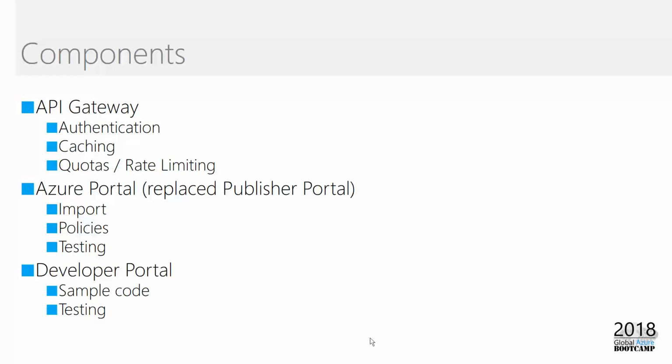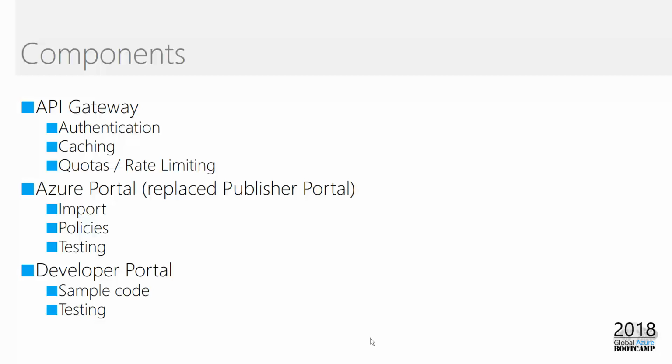The caching, so like you can say that when this particular API is called, if it's called with the same parameters, I want to cache that request for 2 minutes, 5 minutes, 10 minutes. Really good if they're calling your API to fill in drop-down lists and things like that on a website. Quotas, so that you can say, okay, I want to let them call 10 a minute, or over a day period, I only want them to make 100 calls.